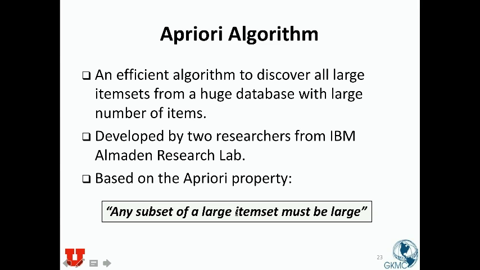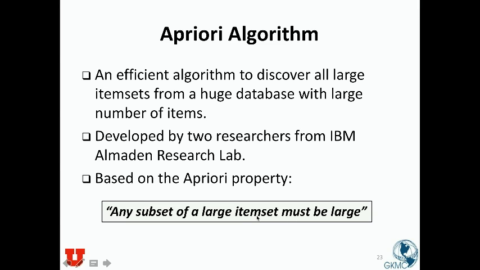Then we know that if an item set, say ABC, or egg, milk, and bread, of the 3 items in an item set, is considered to be large, then we know that this appears 60% or more often in the transactions or in the data set. So apriori says that any subset of such an item set also must be large, meaning they are also large item sets.